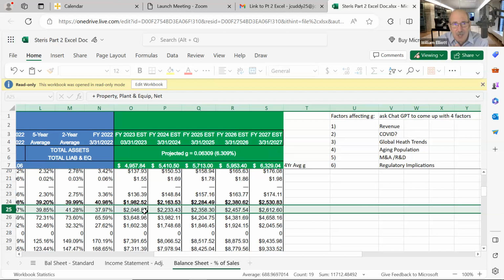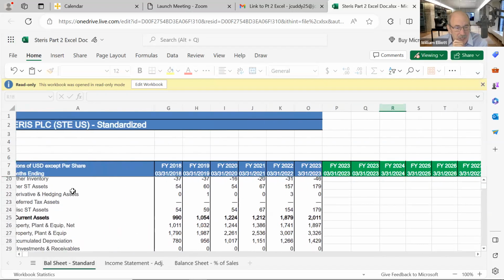And as Dan was saying, they've been doing quite a bit of M&A, and if you look back, you'll want to go back to your actual dollar balance sheet instead of the one that is in as a percent of sales. So that tab on the far left of your spreadsheet, and look at what happened to the PPE there.